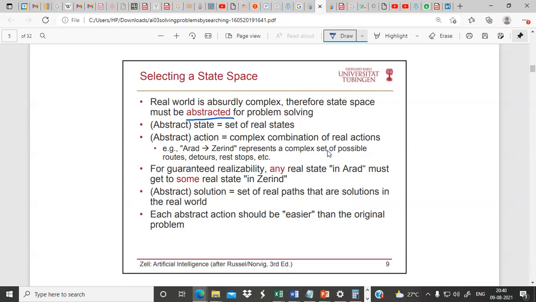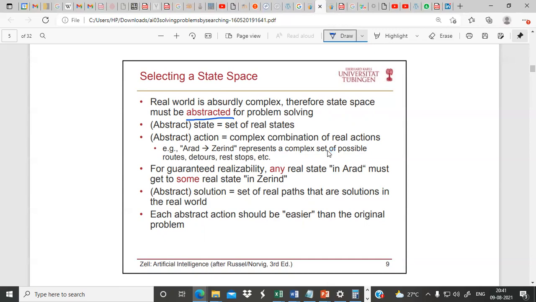Because in the real world, when a person is moving from Arad to Bucharest, there may be several things he may encounter. We are talking about artificial intelligence, right? As a human, there may be several things going on around him. The weather may be sunny or rainy, or the neighbor passenger may not be cooperative, or the scenery may be nice, whatever it may be.